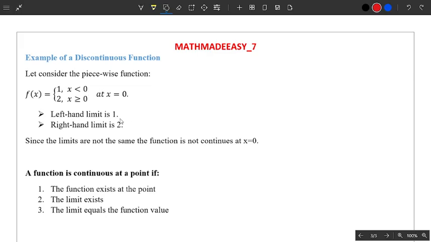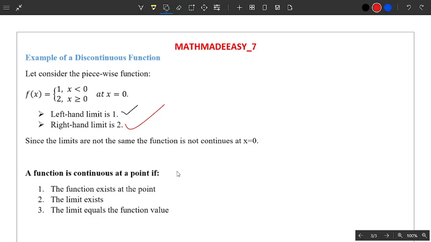So from the left hand side we have 1. Then from the right hand side we have 2. Now you can see that from the left hand side and the right hand side, they are not the same. So since the limits are not the same, the function is not continuous at x equal to 0, right? This is quite simple. Since the left hand side and the right hand side are not the same, it's not continuous.